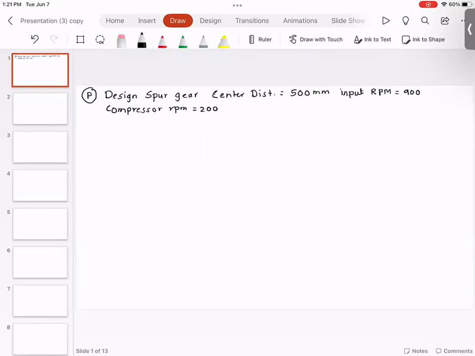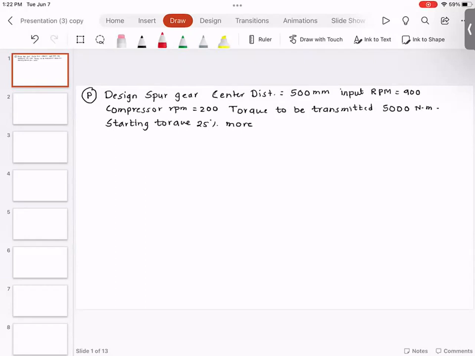The torque to be transmitted, 5,000 Newton meter. Starting torque, 25% more.